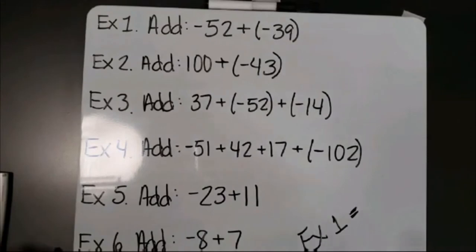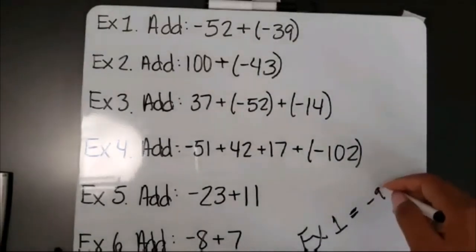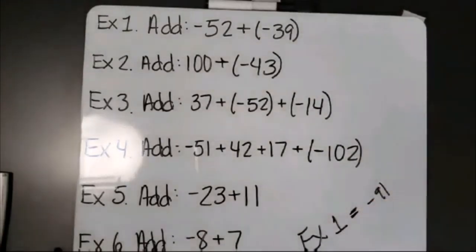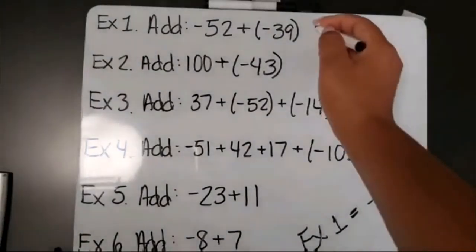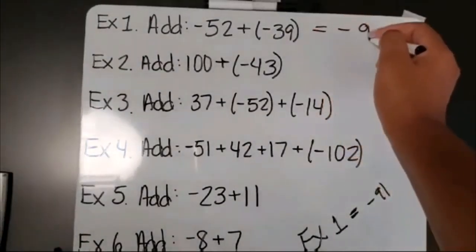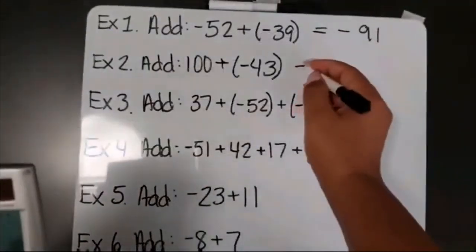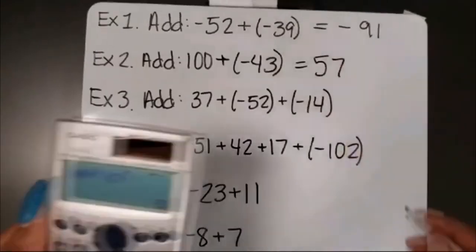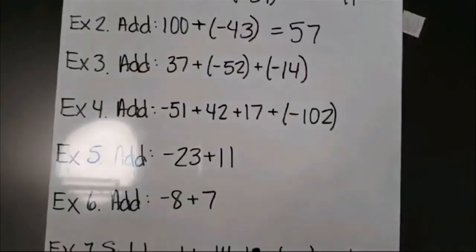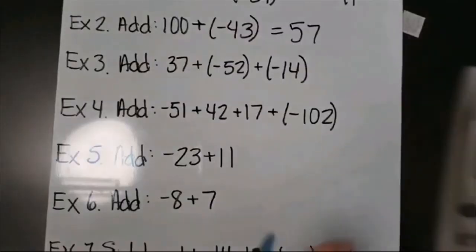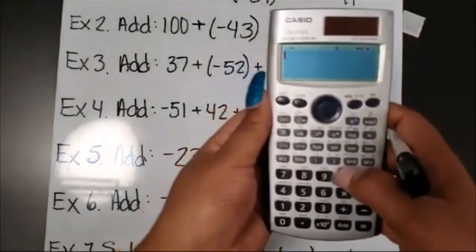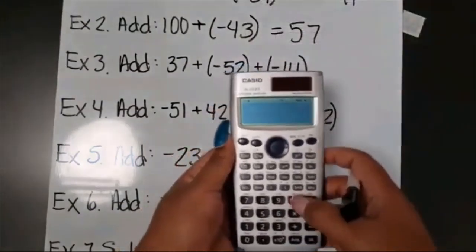Is negative 91. All right, so that's the answer to number 1. All right, for number 2, you should have 57. For number 3, we have 3 numbers, so we're going to do the same thing we've been doing.